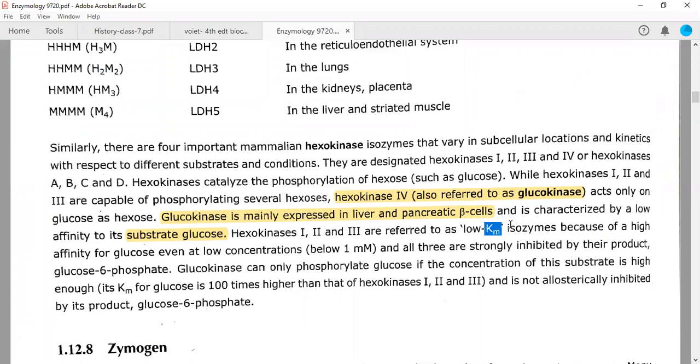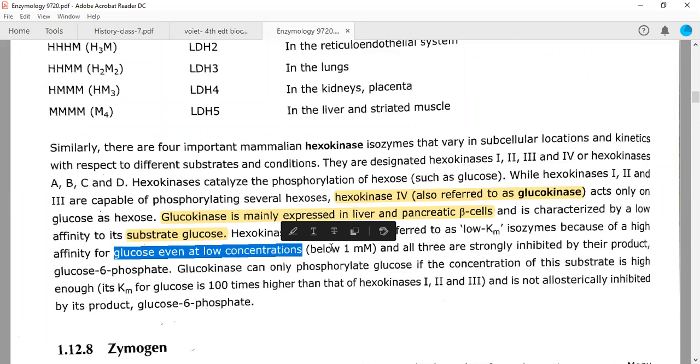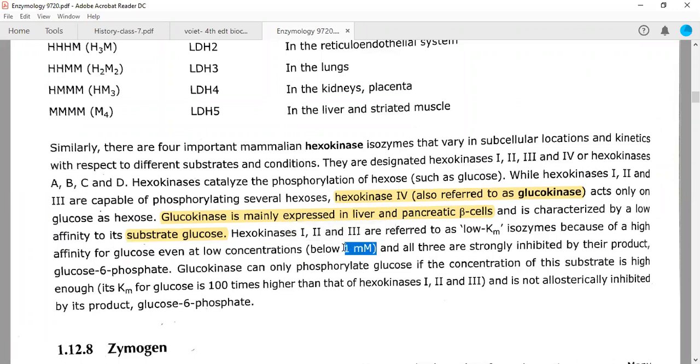So these low Km isoenzymes, because of the high affinity for glucose, even at a low concentration, because glucose is also a hexose, will phosphorylate it. Obviously they can sense below 1 millimolar.